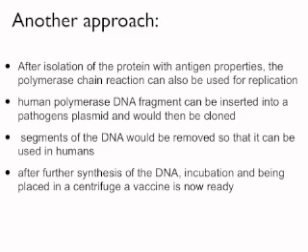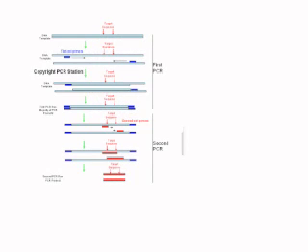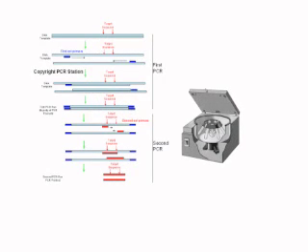After further synthesis of the DNA, incubation and being placed in a centrifuge, a vaccine is now ready. This picture shows the polymerase chain reaction and the centrifuge used to make vaccines.